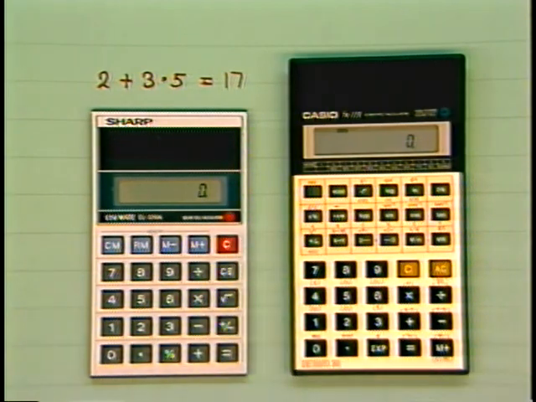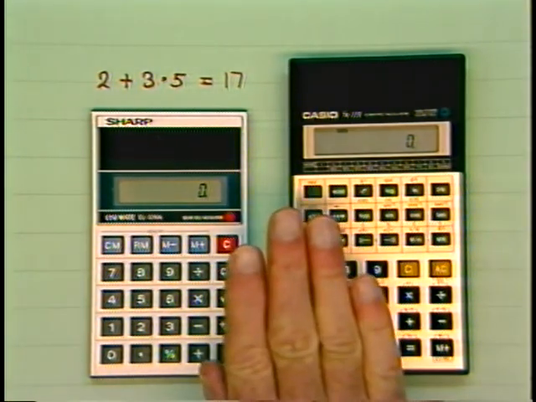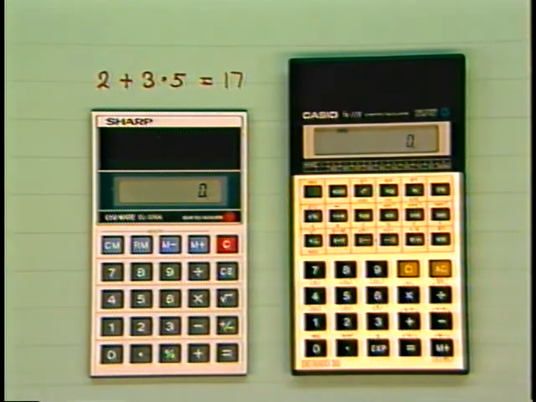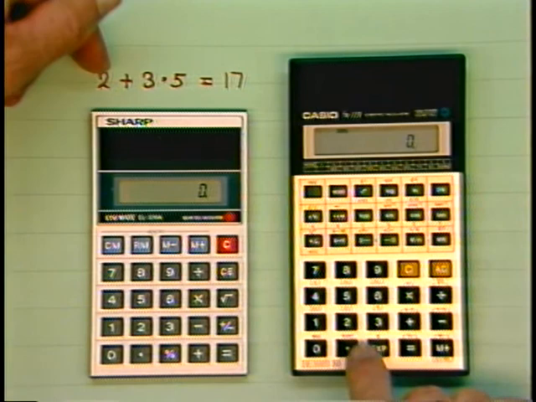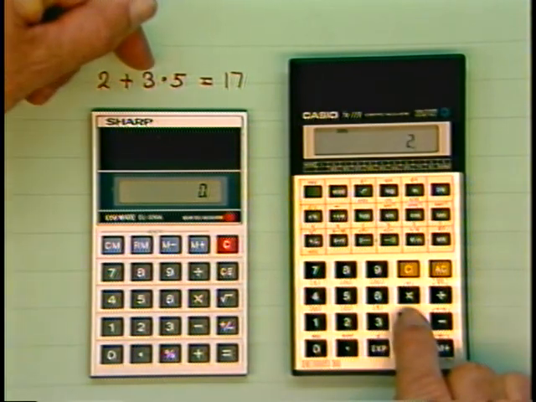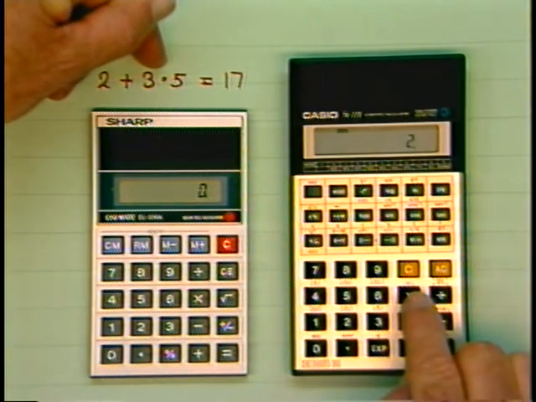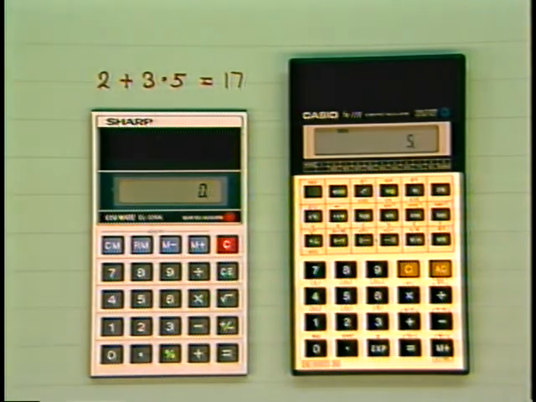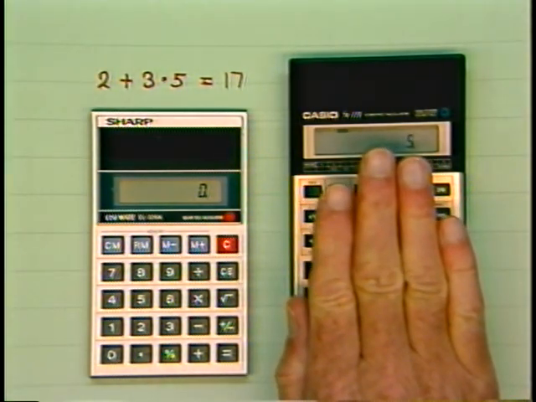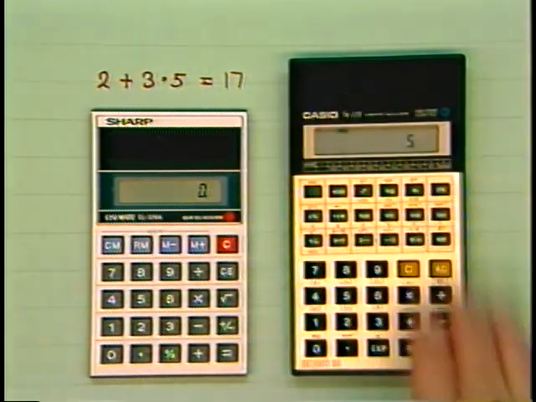So if you have a calculator, the first thing you want to ask is, does the calculator do order of operations? If it does, you can key in the problem exactly as is written on the paper and not worry about the order of operations. The calculator is going to do that for you.